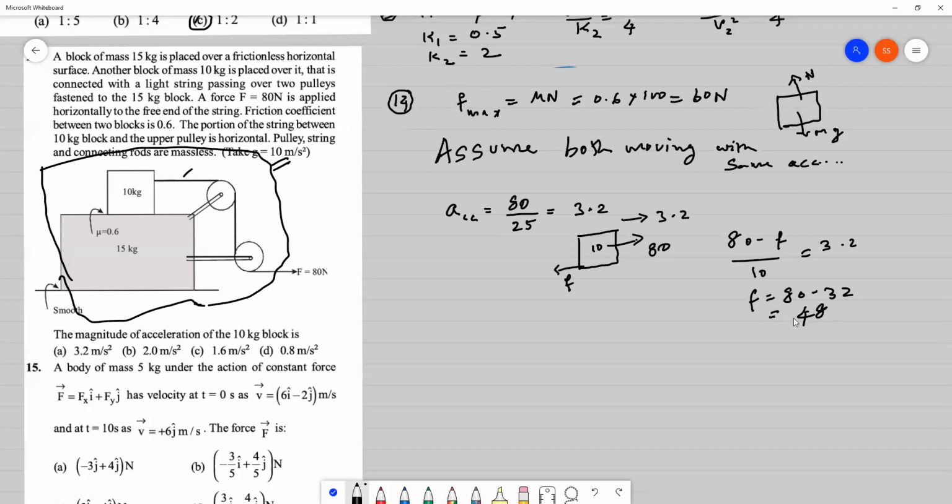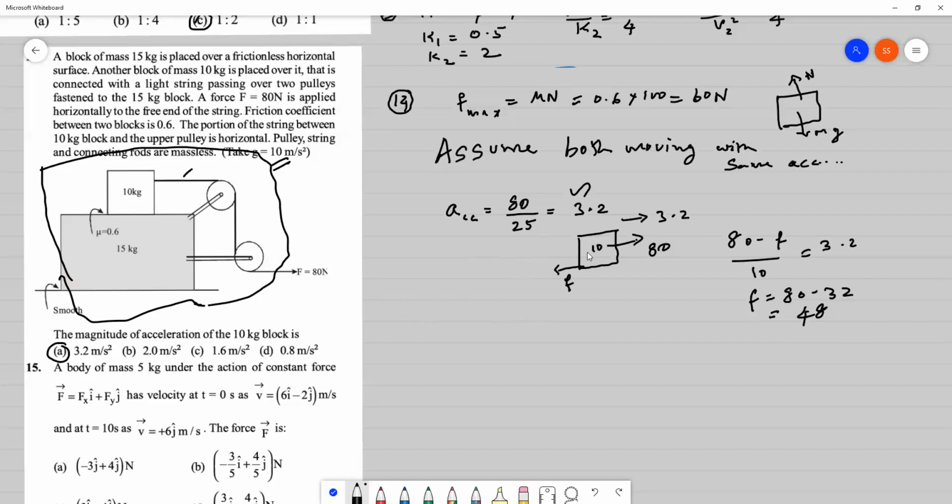In this case, the friction force is less than the maximum friction force. That means this 10 kg block is not moving on this 15 kg block. So our assumption that they are moving at the same acceleration is correct, and 3.2 is the right answer.